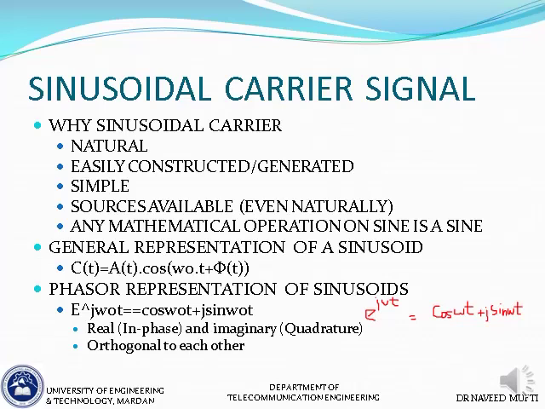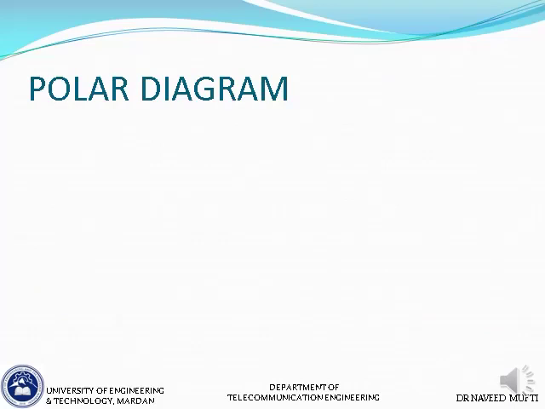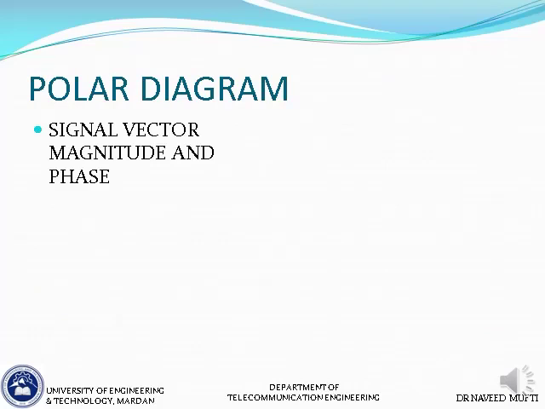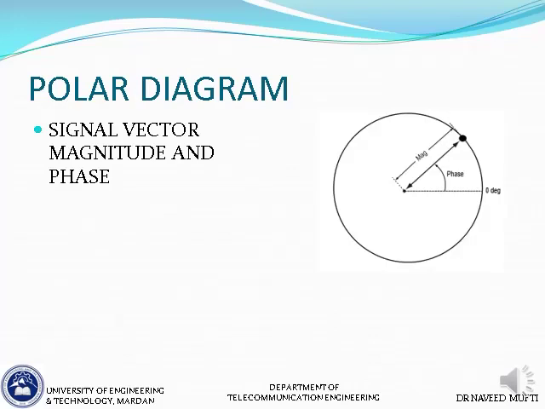The important thing to remember is that sine and cosine are orthogonal to each other. They have a 90 degrees phase difference among them, and this property is utilized in digital communication. We can have a polar diagram, and by means of a polar diagram we can represent that phasor. We can have a magnitude and a phase, a signal vector.